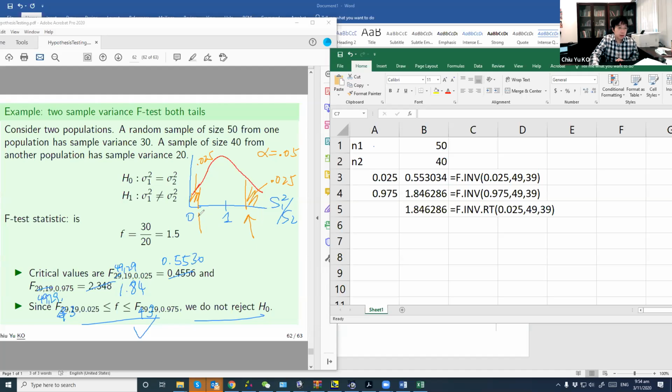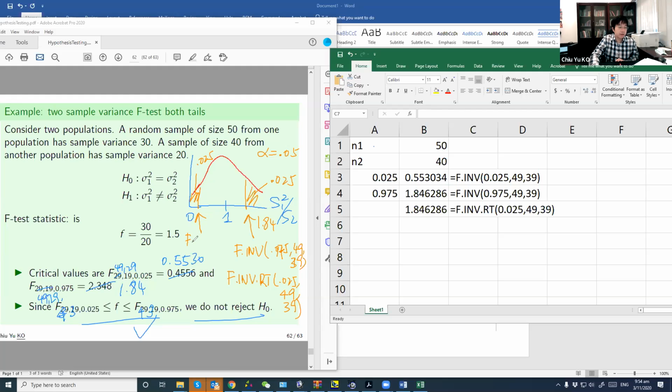There are two ways to do it: F.INV with 0.025 or 0.975, and you put in the degrees of freedom, which is 49, 39. Or you can use the inverse right tail, 0.025, 49, 39, which gives you the 1.8.